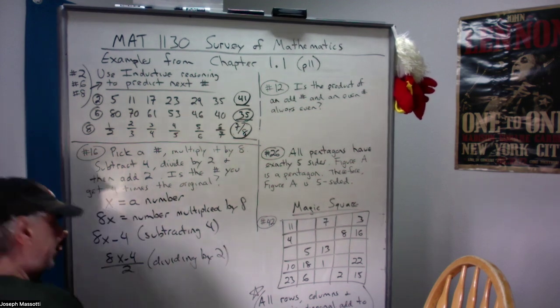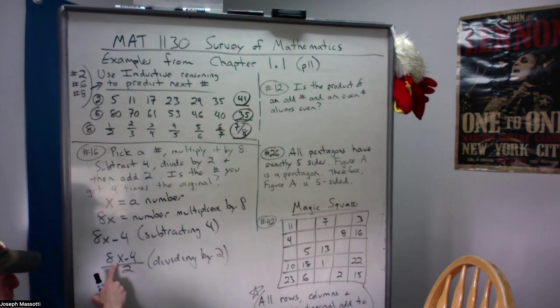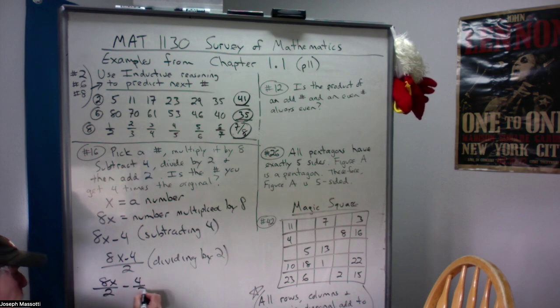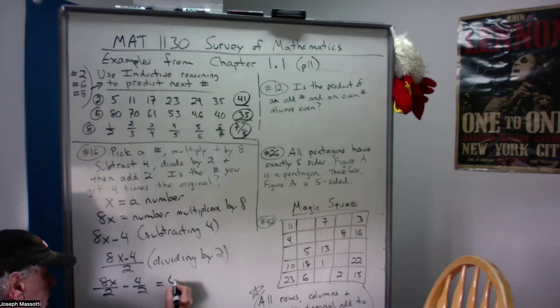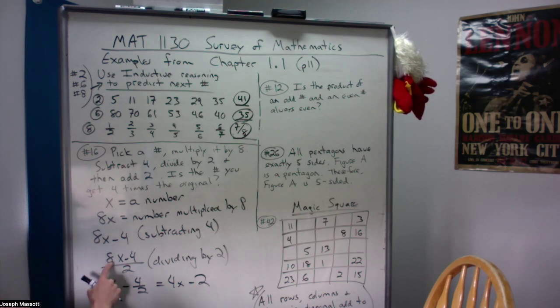All right, then we're going to add 2. So let's look at this as 8x over 2 minus 4 over 2, so that we can simplify it a little bit. This becomes 4x minus 2. 8x minus 4 over 2, we can split up into two fractions.